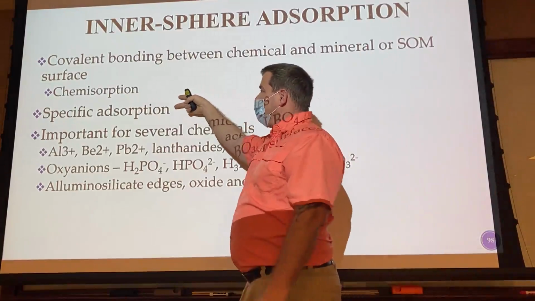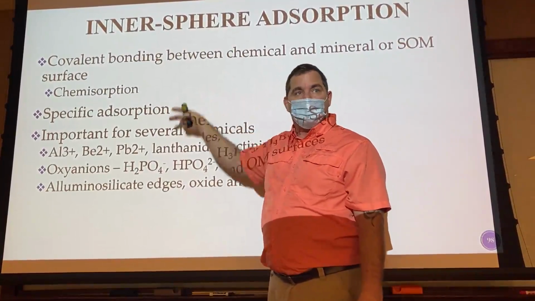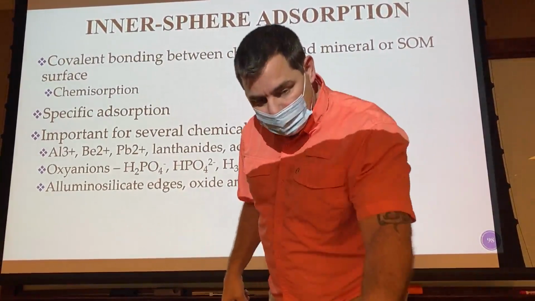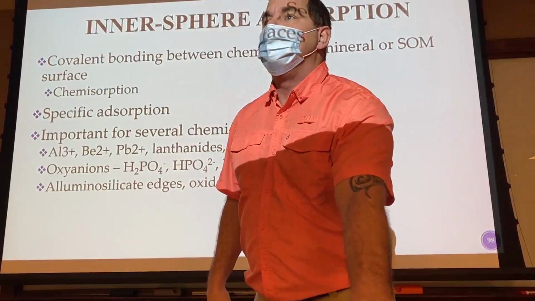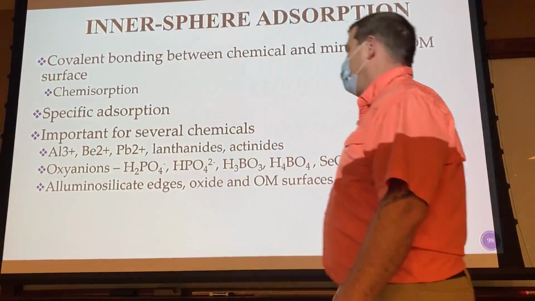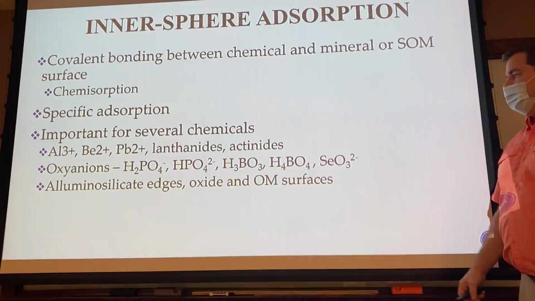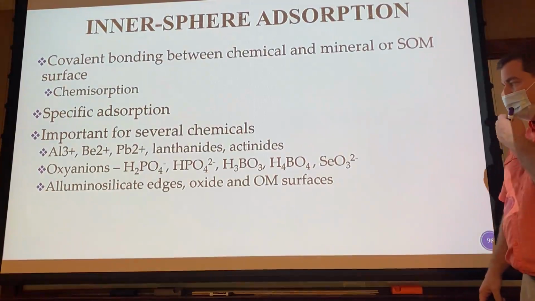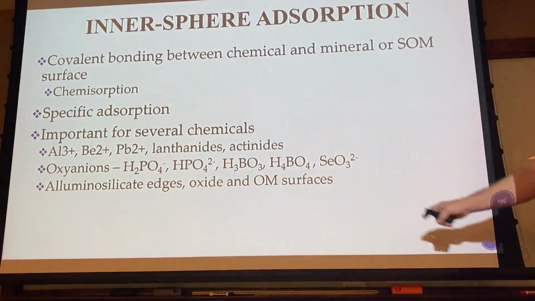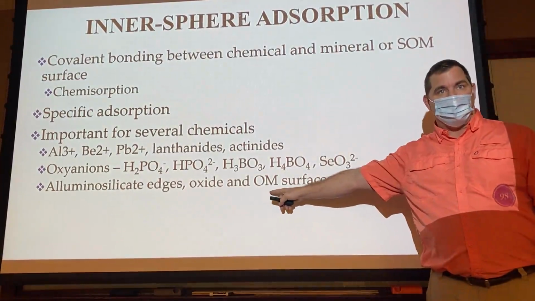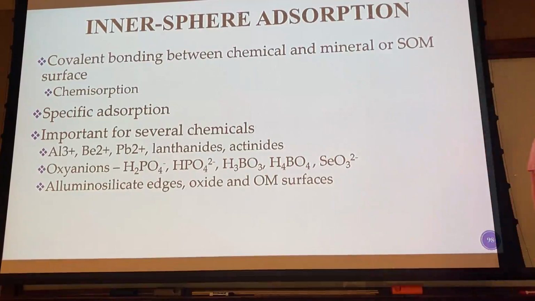You might see it written as chemisorption or specific adsorption, because that is very specific. It's directly bonded to that mineral surface. Our oxyanions, and then along the aluminosilicate edges, oxides, aluminum and iron oxides, and functional groups of organic matter. That's where we're going to get those charges from.